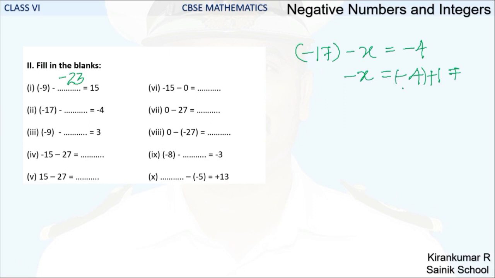Here is a negative integer added to a positive integer. We need to subtract the absolute values and take the sign of the larger absolute value. So positive 17 minus 4, which is 13. So minus x is equal to 13. So the value of x is minus 13.